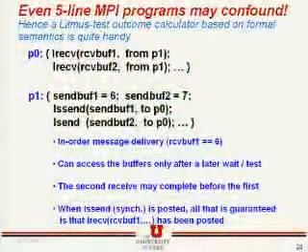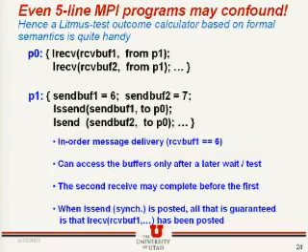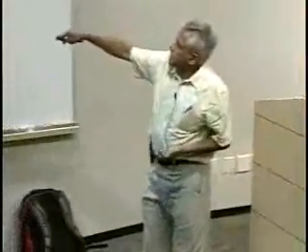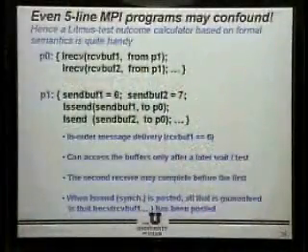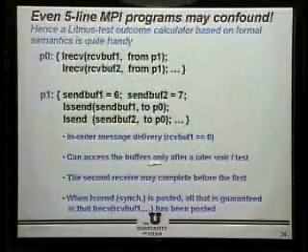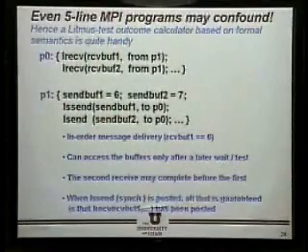I don't know how I'm doing with time, but one could even confound expert MPI programmers with 5 lines like this, and they may or may not be able to answer detailed questions. Are these message sends going to be processed in order? When can you actually reuse a buffer? What is this immediate mode synchronous send?